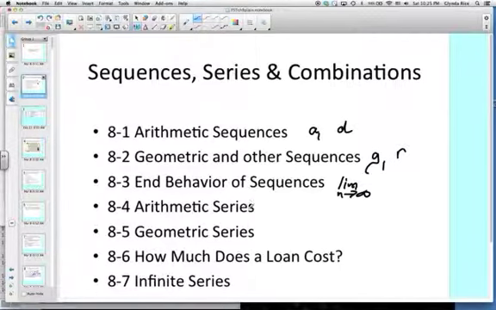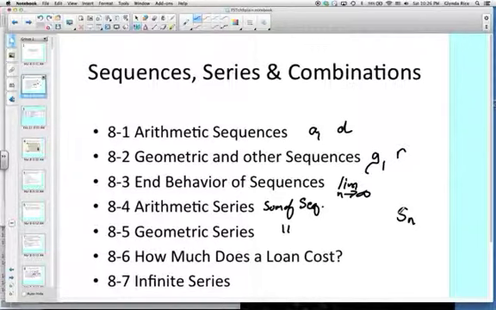Then we learned series. This is the sum of a sequence. On your card, you have several S sub n's. The ones on the left column are for arithmetics, the sum of arithmetic sequences, aka arithmetic series. The ones on the right are for geometric series, which is the sum of a geometric sequence.